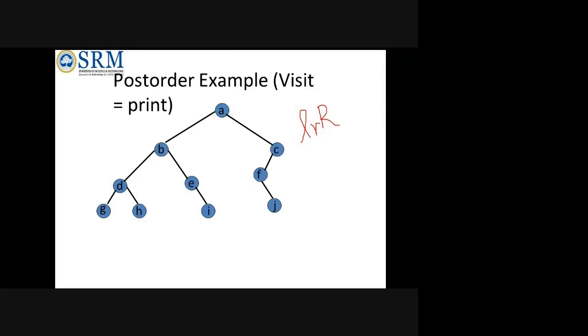Again it knows that left and right are there. It will come and track left. Again a left and right is there. It will come here. Again a left is there. So which node will be printed first? G, ma'am. Yes, G. Next, H. Okay, good. Next? D. Next only D, the root. So now this left is over. That is the meaning: this left is over.